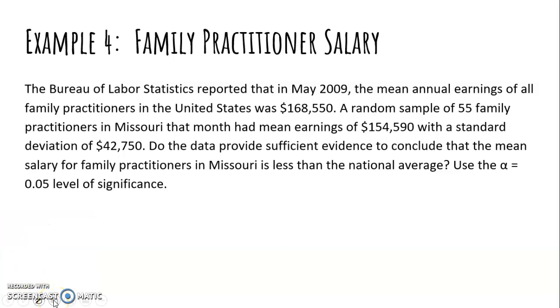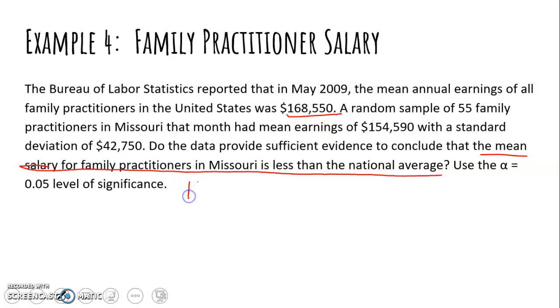So we want to see if the mean salary for family practitioners in Missouri is less than the national average. What's the national average? The national average, as reported in May 2009, was $168,550. So that is our null, that the mean, we're assuming, is $168,550.